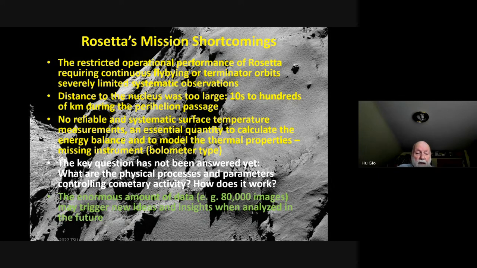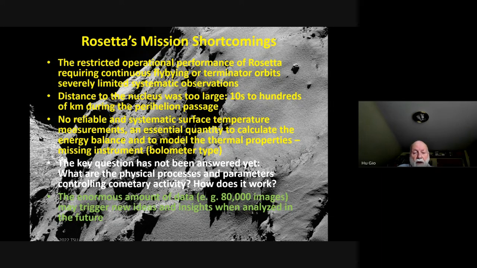And as a consequence, the key question, to my mind, has not been answered yet. What are the physical processes and parameters controlling cometary activity? How does it work? I think, for me, the Rosetta mission was designed for 2 years to follow the activity from onset to decay via the perihelion, to answer this question, and I think we don't know yet.